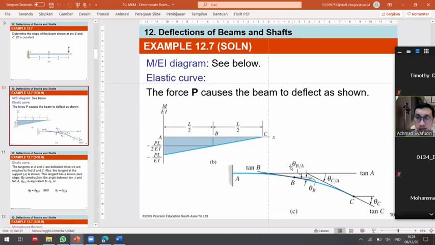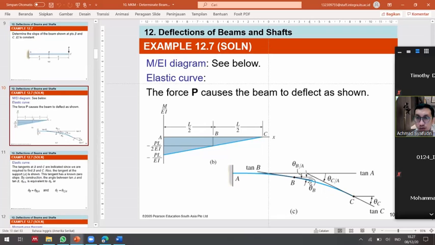There are two parts: the angle of point B from point A and the slope of point B. And also for point C, there are two parts.